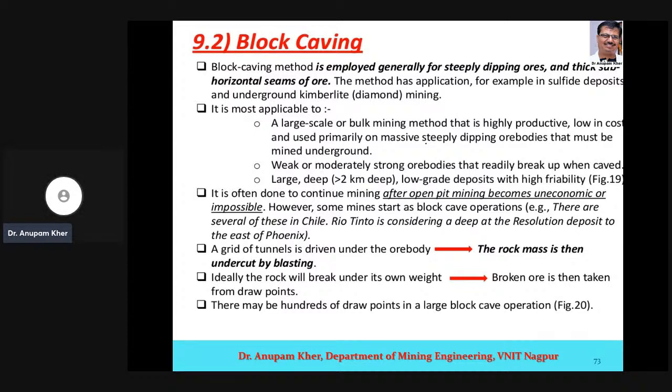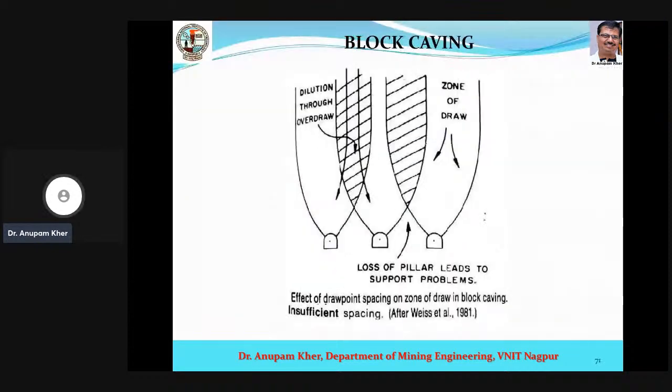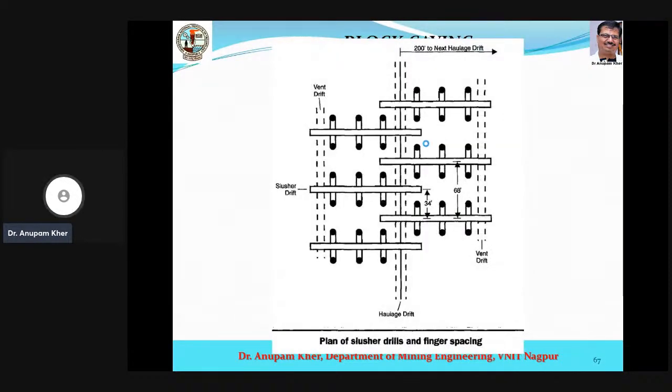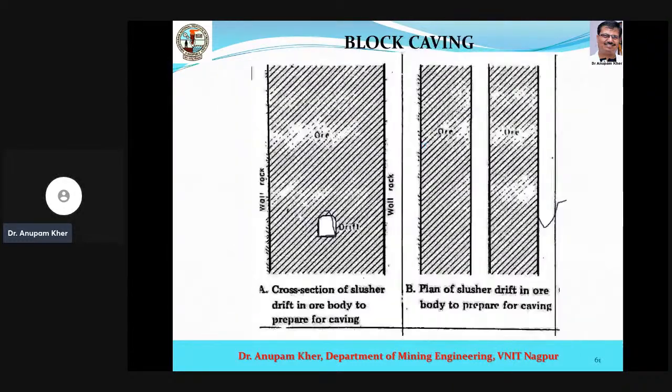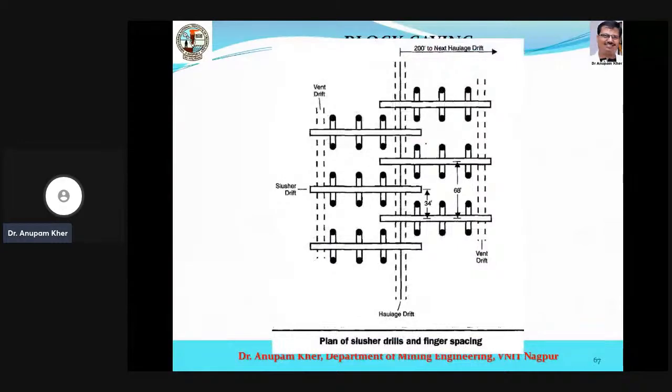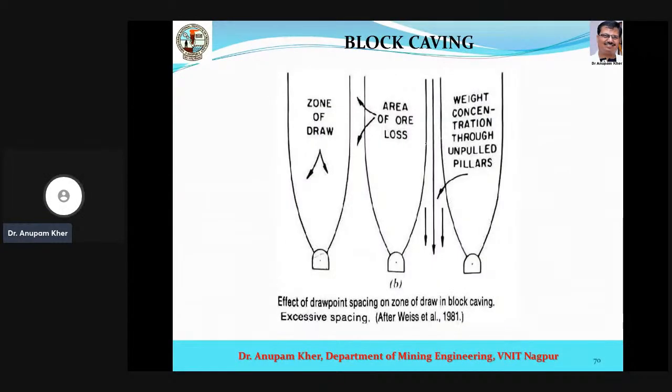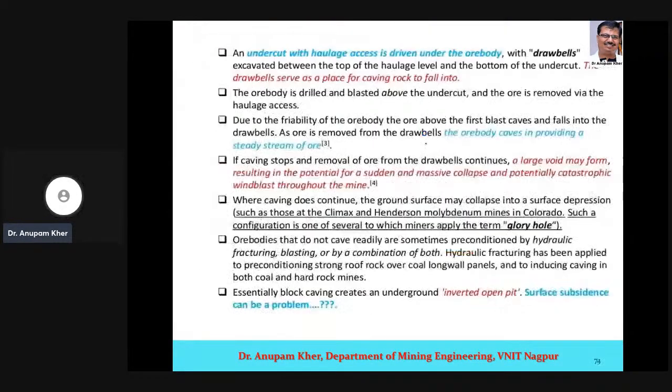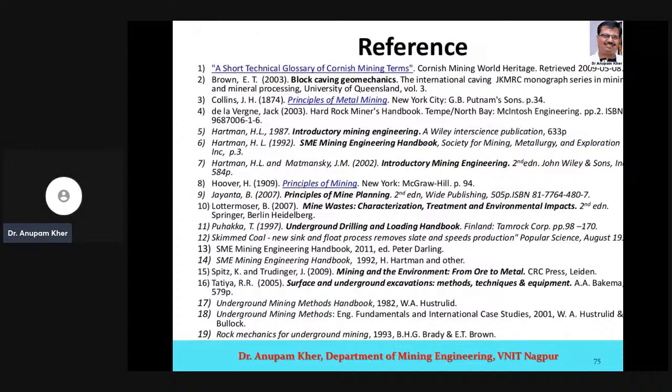This is also a supported method which is specifically designed for narrow ore bodies. Then what we have seen here is sub-level caving and block caving, and in earlier days there was another method which was extensively used, stope slicing, which is also nowhere used nowadays.